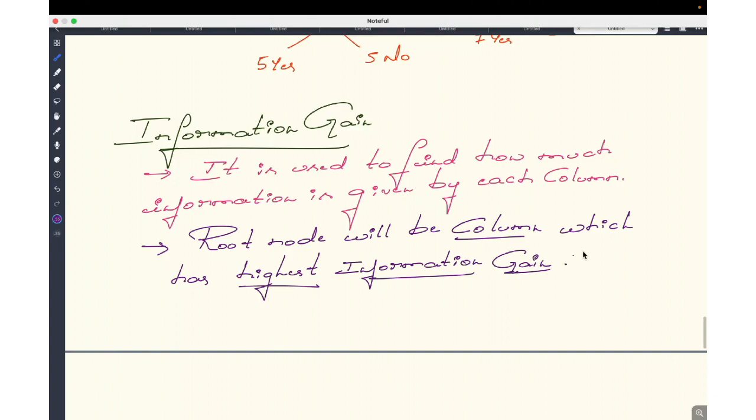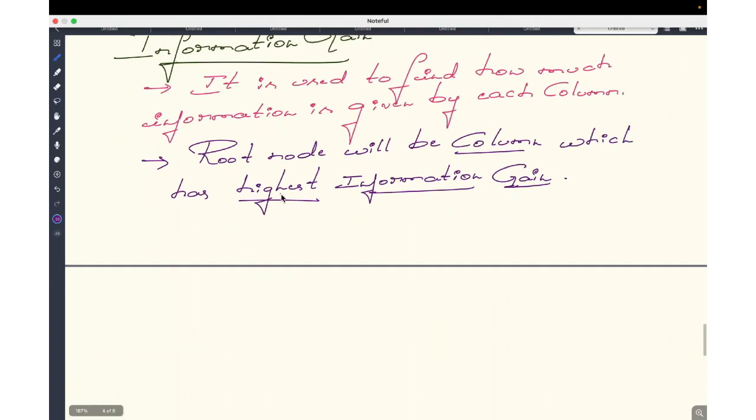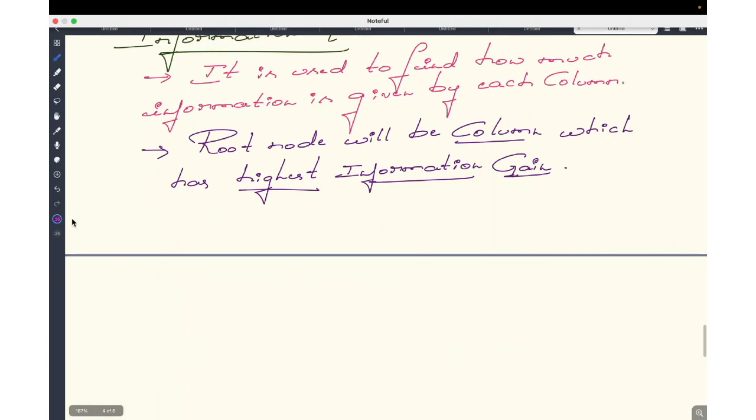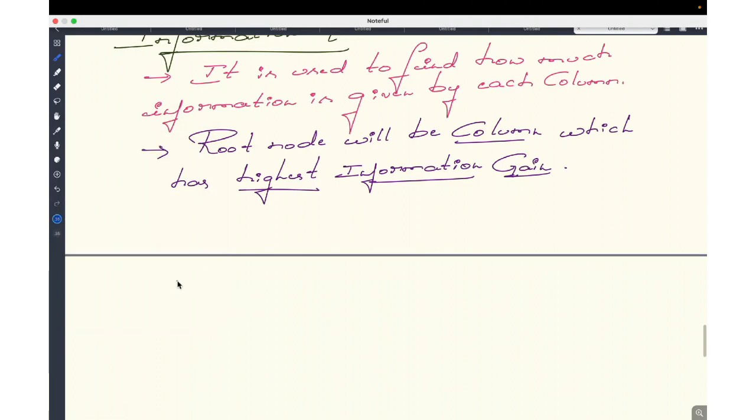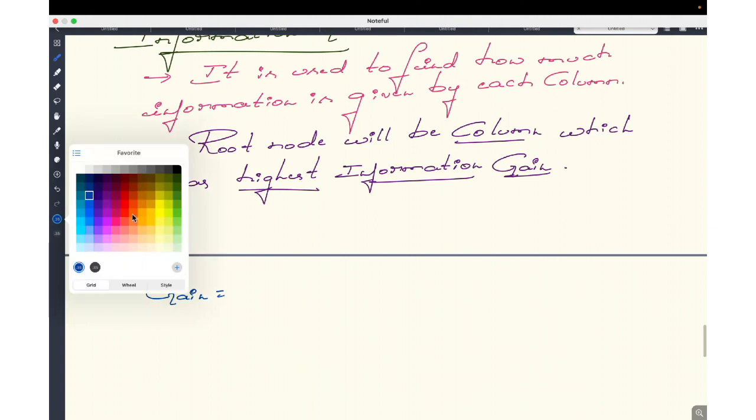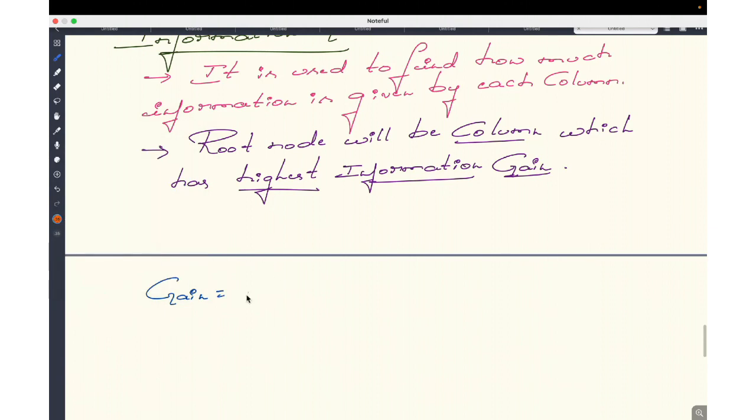Let me give the formula. Information gain, I'll just call it gain, equals H(S) minus summation of |Sv| divided by |S| into H(Sv).